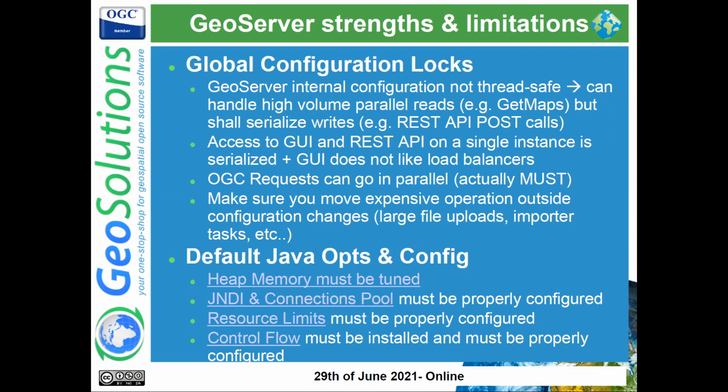So configuration changes should be fast and not impact the services. Here you can find some links about application tuning, configuration tuning for GeoServer, about how to set up your Java virtual machine properly, configure control flow limits, resource limits, and so on.